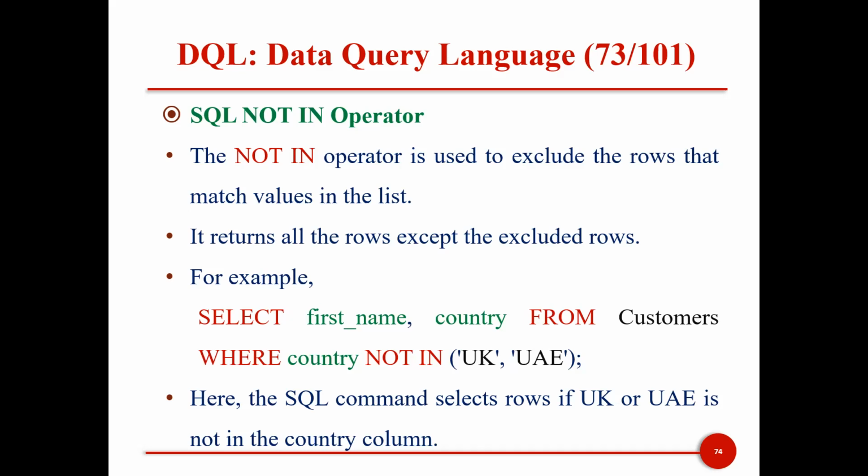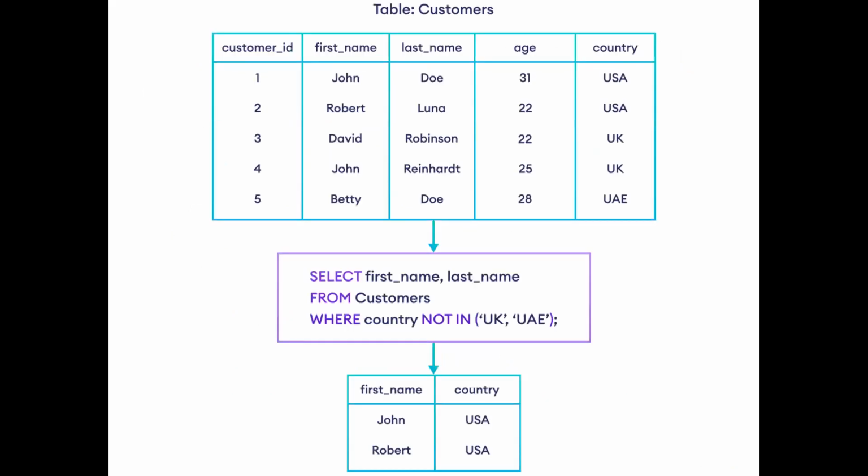It returns all the rows except the excluded rows. The simplest example you can see there displays for us the first name and the last name from customers where the country NOT IN, the country is.